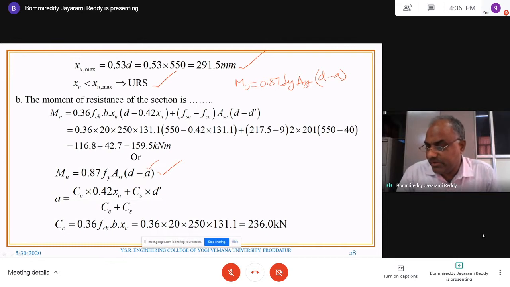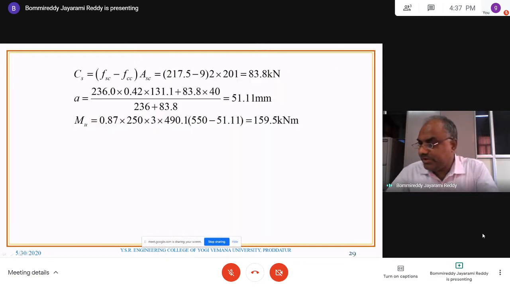So Cc into 0.42 xu from the top, plus Cs into d dash from the top, divided by Cc plus Cs. Accordingly, find out the Cc value first, then the Cs value, (fsc minus fcc) Asc, and then a, and then the moment carrying capacity 0.87 fy Ast (d minus a). So you will get 159.5.